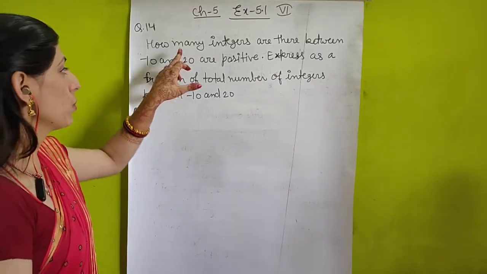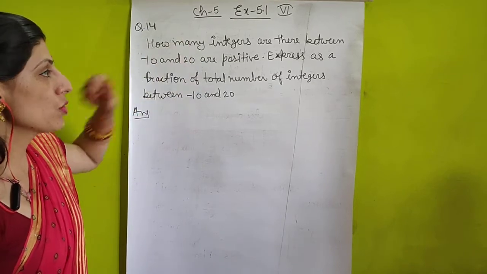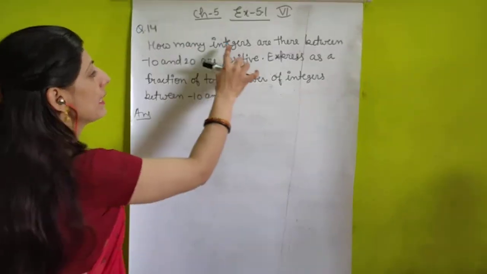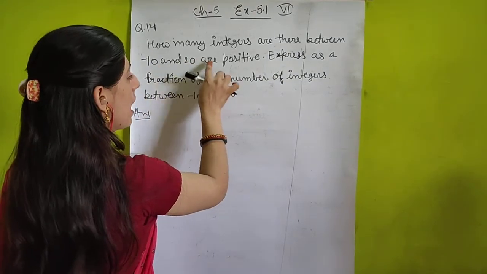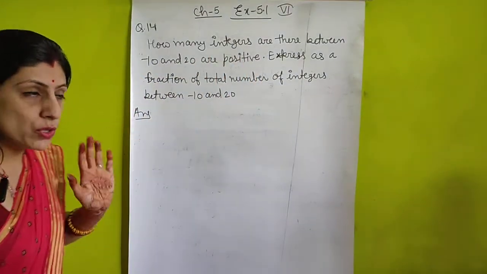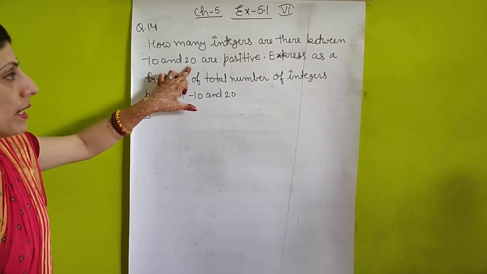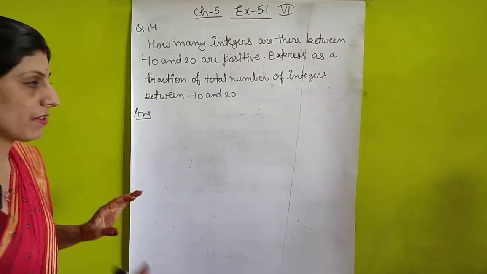Now students, question number 14. How many integers between -10 and 20 are positive? So first of all, between -10 and 20, all the integers first we will write.